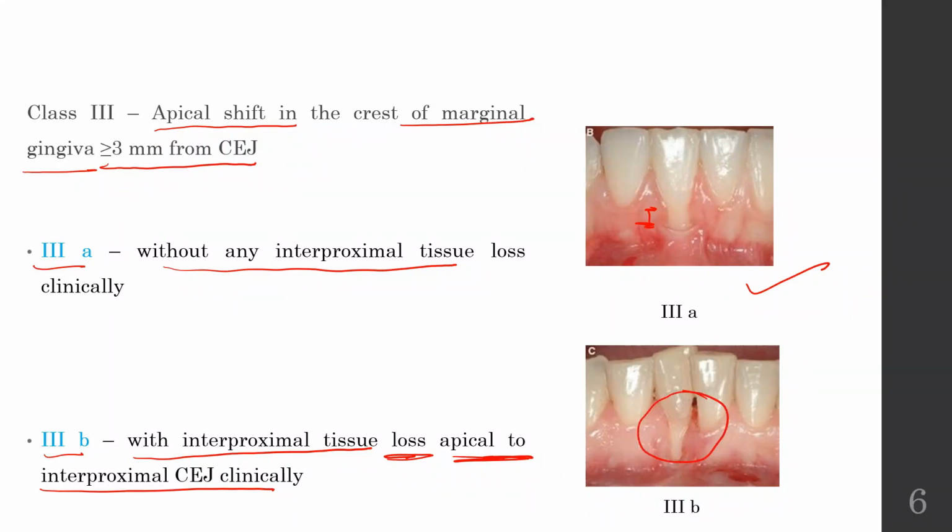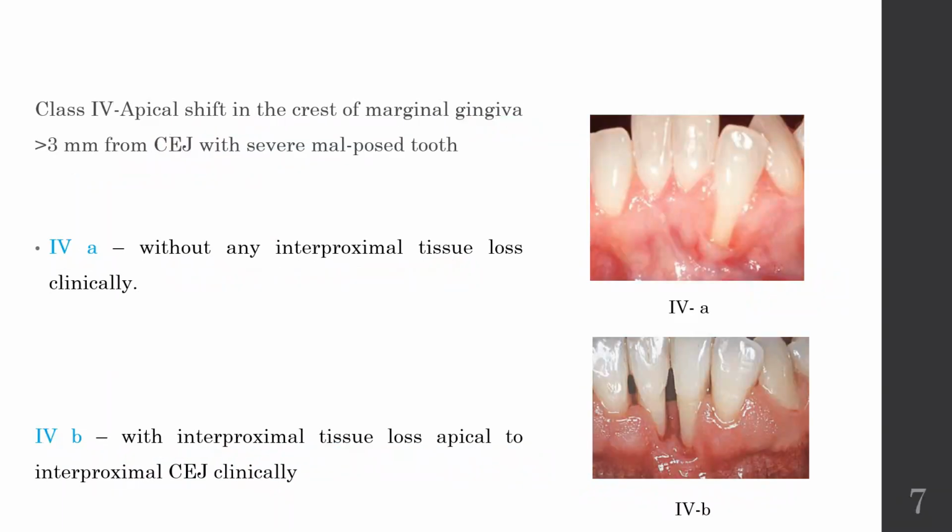Okay. Next we move on to the class 4. It is similar to that of class 3. That is, apical shift in the crest of marginal gingiva is greater than 3 mm from the CEJ. But the only condition which is different is that there is severe malposed tooth, as you can see in this figure.